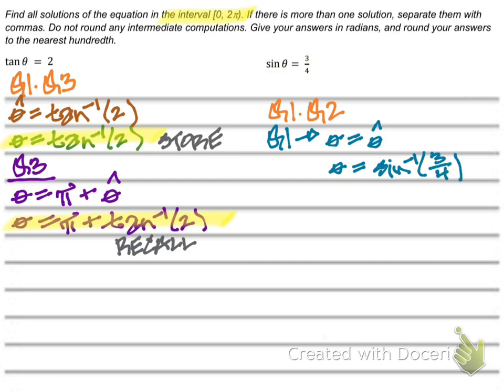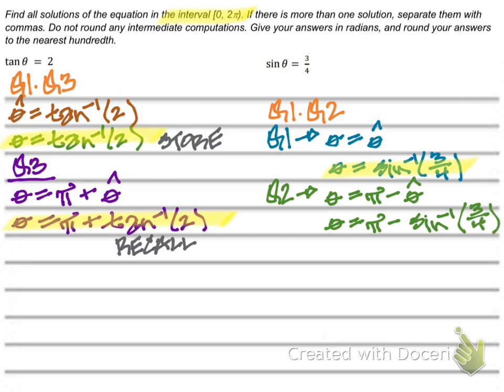So that's my first answer. Then we've got to talk about quadrant 2. In quadrant 2, theta is pi minus theta hat, which is pi minus the inverse sine of 3/4.